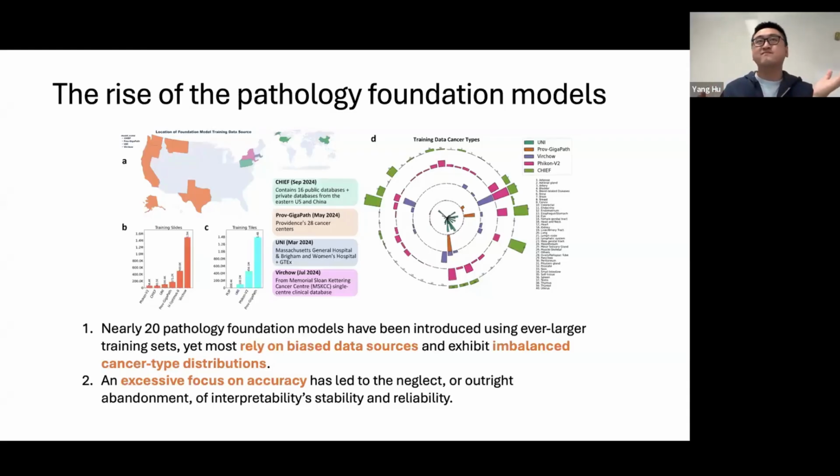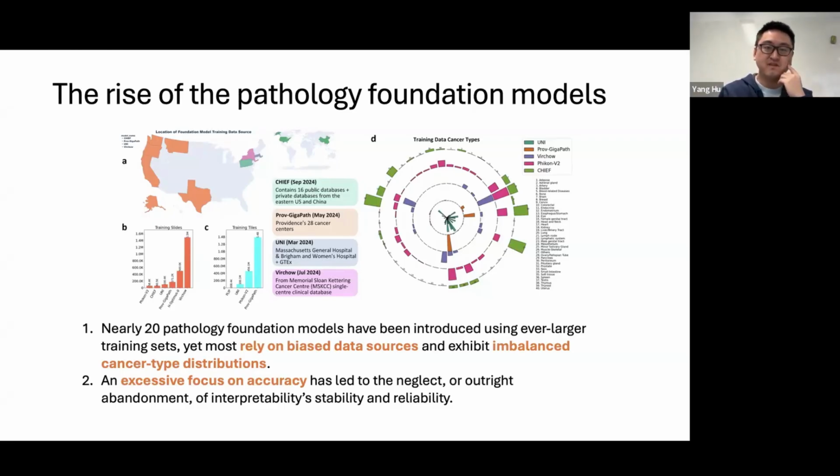As we know, in the last 2 or 3 years, since CTransPath, more than 20 pathology foundation models have been introduced, and every one of them states they have a bigger and bigger cohort for training a stronger and stronger foundation model.